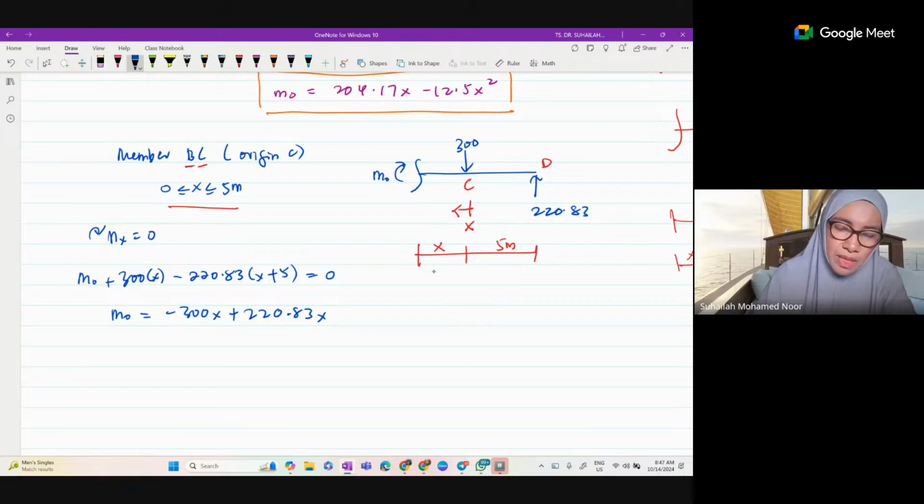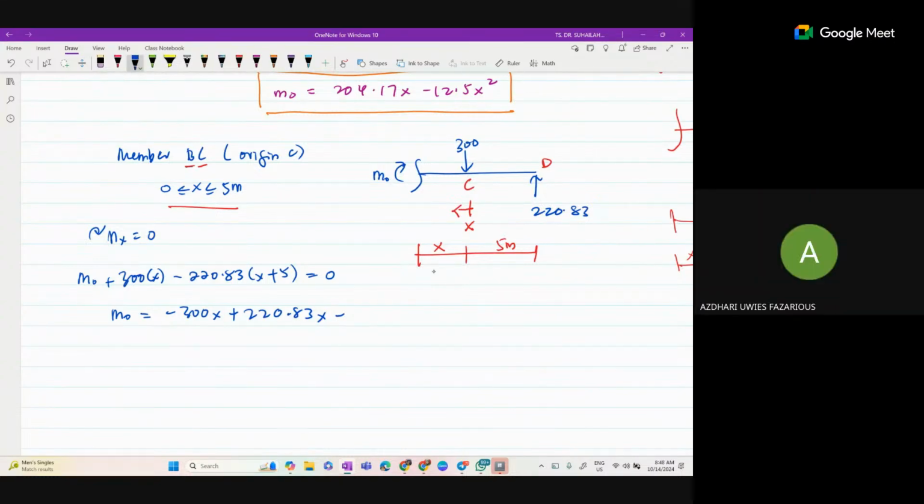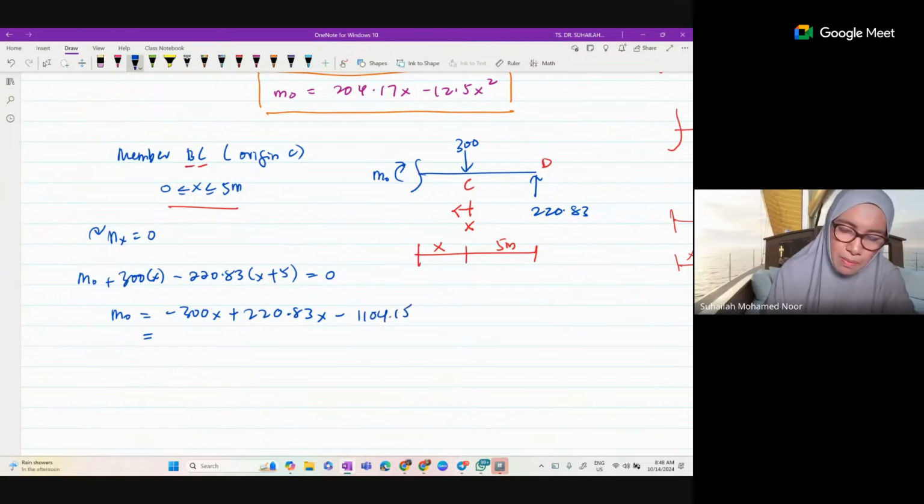Okay, dua-dua negatif. So cuba kira je 220.83 times 5 dapat apa? Please calculate 220.83 times 5. What do we get? Tolong calculate. 1104.15. So simplify this.